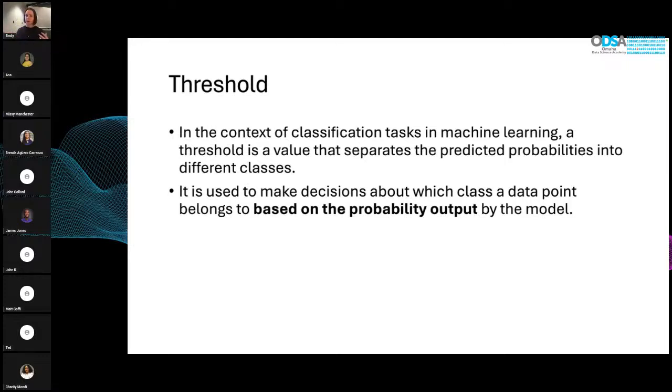It's a continuous range, essentially an infinite range. Somewhere in there, we have to draw a line in the sand and say anything greater than this value is a 1 and everything less than this value is a 0. That's what a threshold is. It's used to make decisions about which class a data point belongs to, and it's based on the probability output by the model.